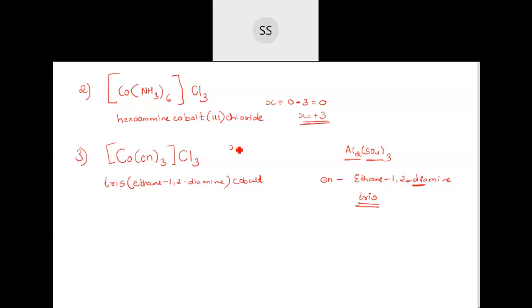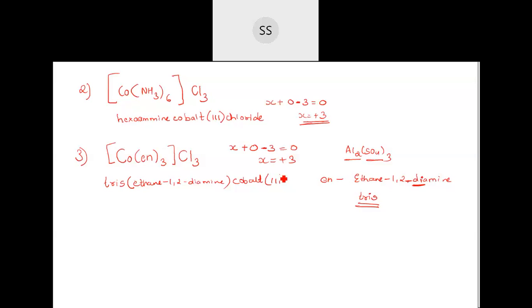Once this is over, you go to the transition metal, that is cobalt. So we write the cobalt name here, followed by the charge that the cobalt carries. The oxidation state of cobalt we don't know, so X plus en, again a neutral ligand, means 0 into 3, so it will be 0 itself. Then chlorine charge is -1, so -1 into 3 is -3, and the whole charge is 0. So the cobalt charge will be +3 again.